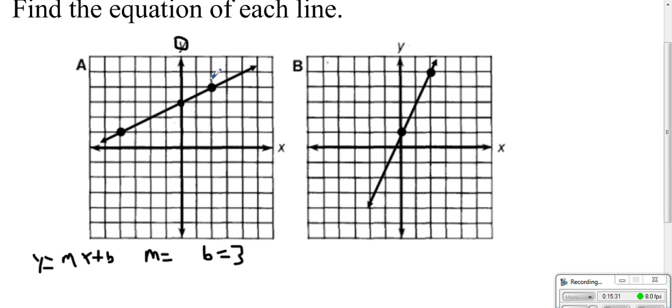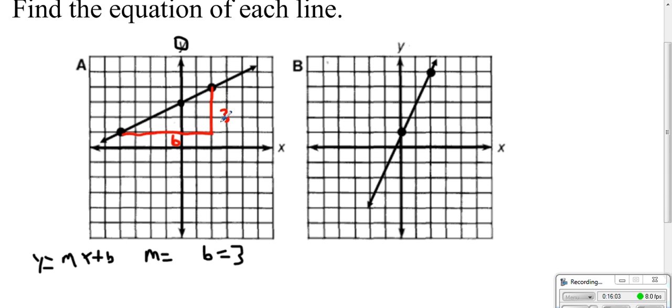To get the slope, let me change to a red pen, hopefully. There you go. To get the slope, you do rise over run. You create a triangle from the 2 points that they give you, and you count 1, 2, 3, 4, 5, 6 to the right. Just put that 6 down below. 1, 2, 3.